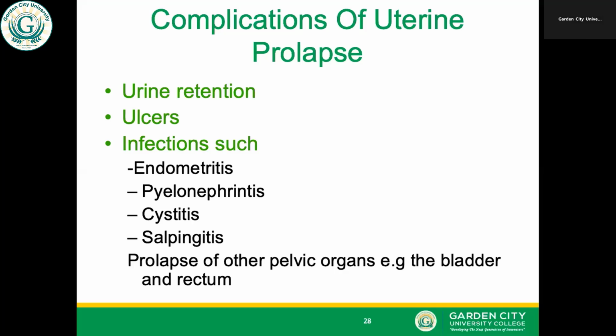And we have cystitis, salpingitis, because the salpinges have been pulled down. Then prolapse of the uterus can also cause prolapse of other organs like the bladder and the rectum.